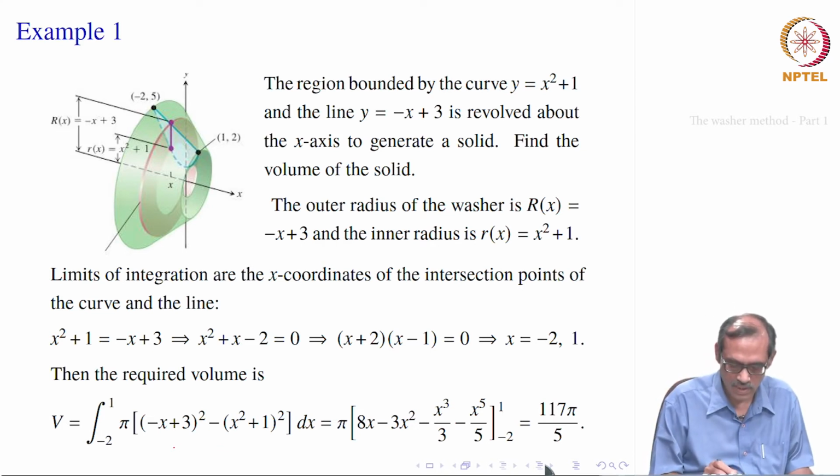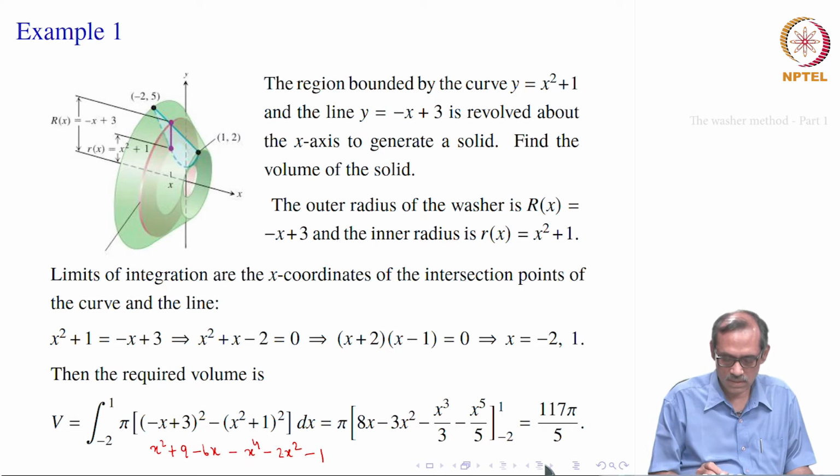So, let us see what is its expansion. It is x square plus 9 minus 6 x, and here it is minus x fourth and then minus 2 x square and minus 1.